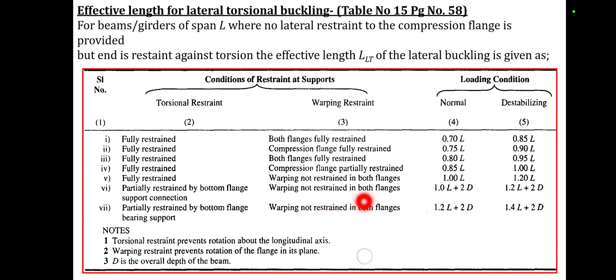It may also be given that both the flanges are fully restrained against rotation of the flange in its plane. That time you must note that the beams are restrained against warping. And the D which we have used in case number 6 and case number 7 is the overall depth of the beam. This 1 L plus 2D uses the overall depth of the beam.